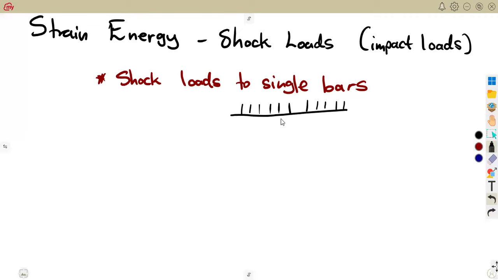And there we have a certain mass, which is our load.